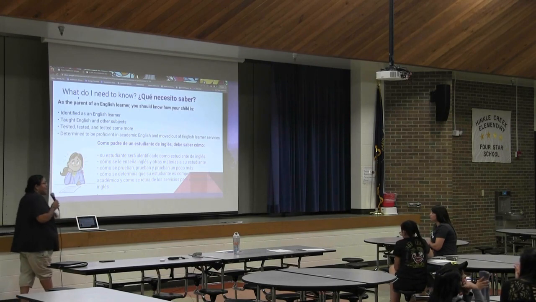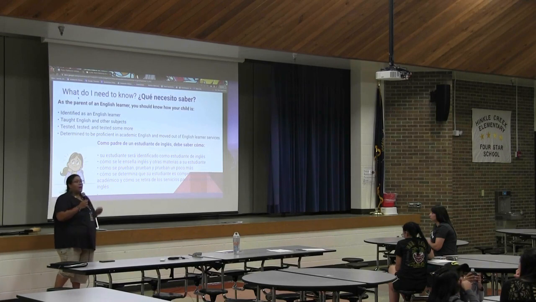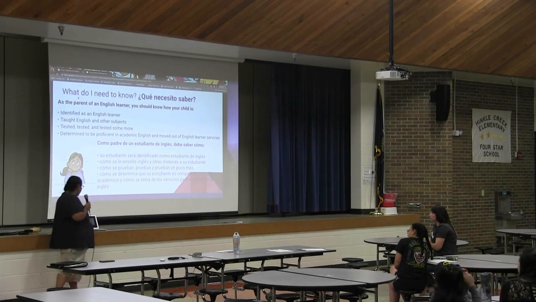Y cómo vamos a hacer pruebas, hasta pruebas, más pruebas, y también cómo podemos saber cuando un niño ya tiene el dominio de inglés, que ya son competentes en el idioma. ¿Okay?